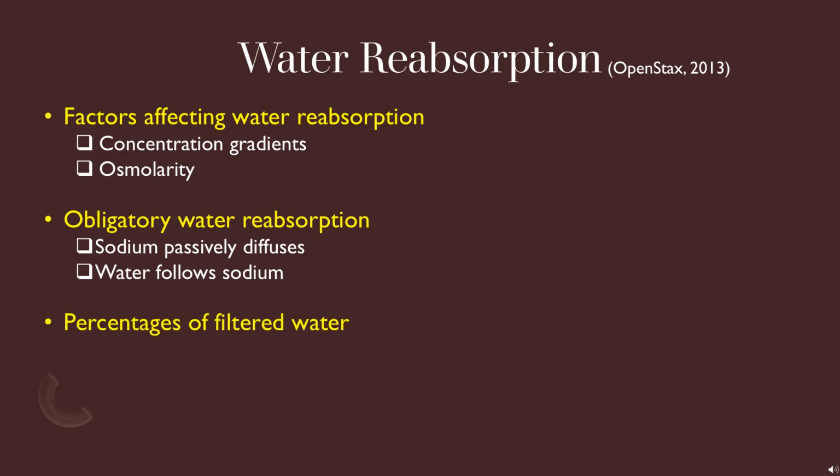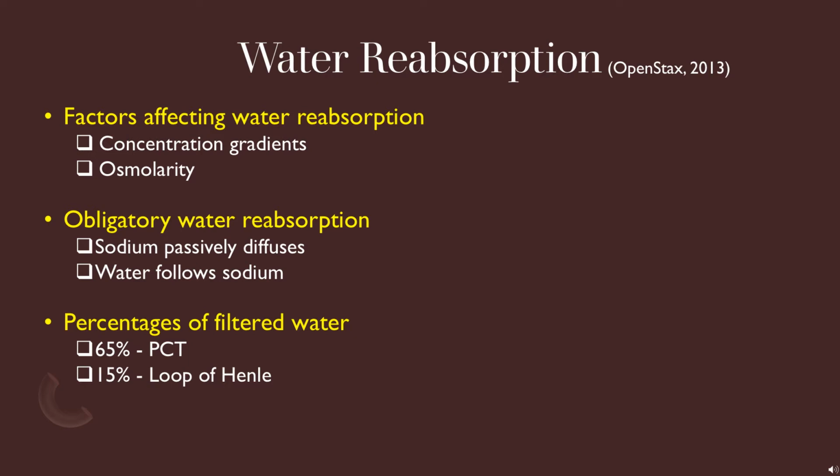Approximately 65% of filtered water is passively reabsorbed in the PCT. That is equivalent to about 117 liters of water each day. Another 15% of filtered water is passively reabsorbed, but instead of going to the proximal tubule, it passively reabsorbs in the loop of Henle.